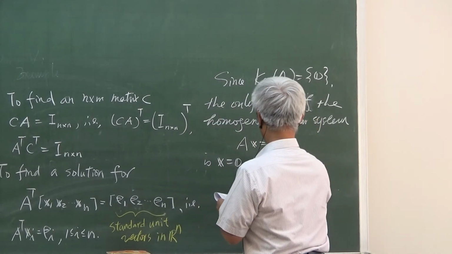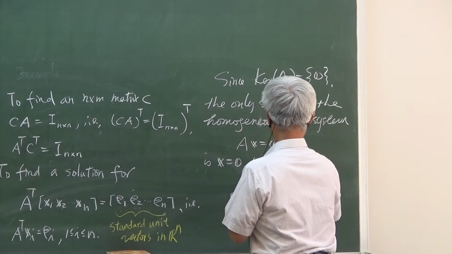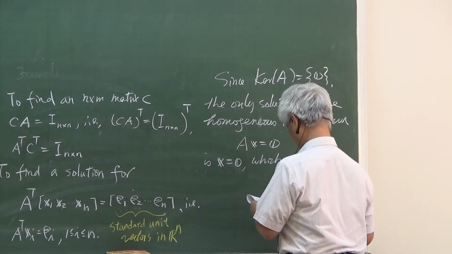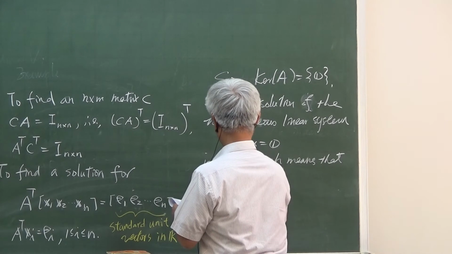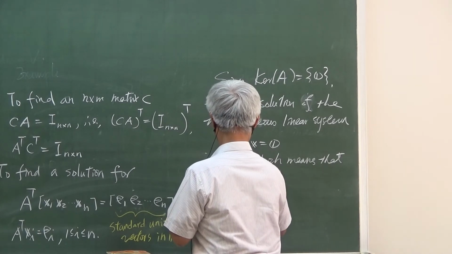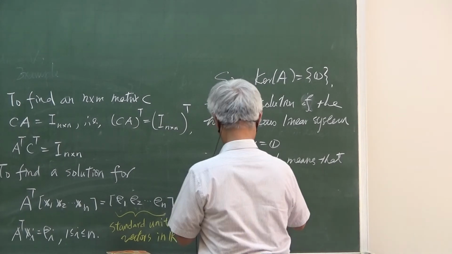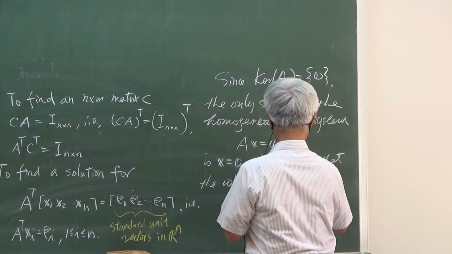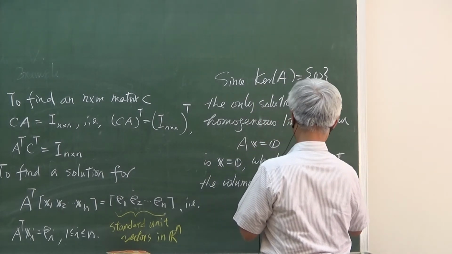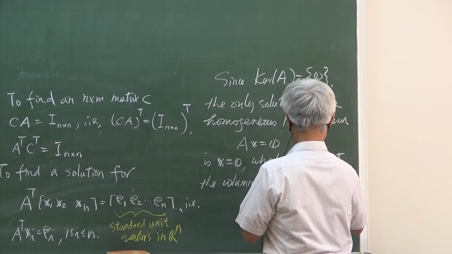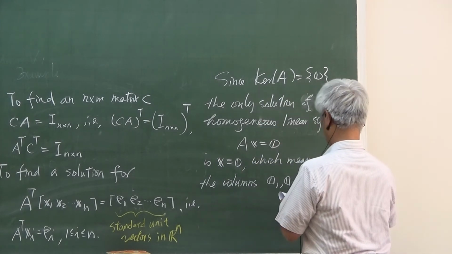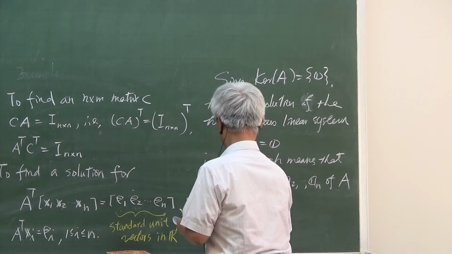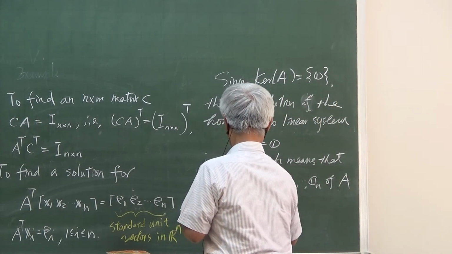Which means that the columns of A, A1, A2 up to An, are linearly independent.